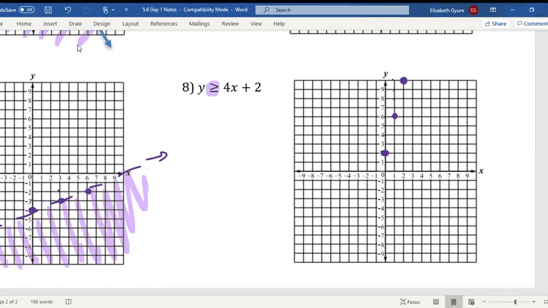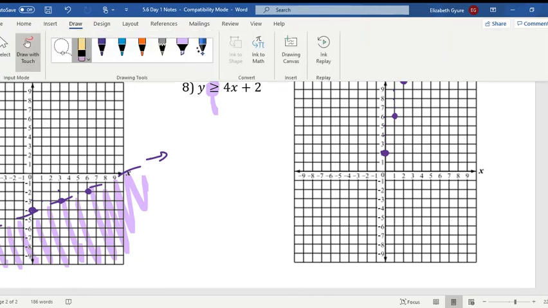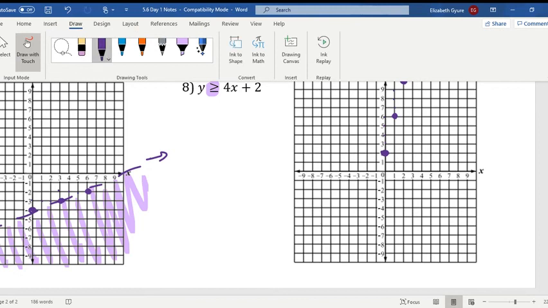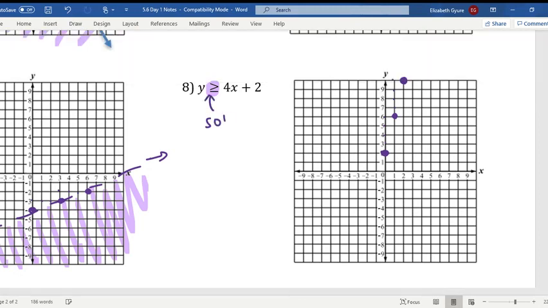And a little trick to remember it: isn't there a line underneath this symbol? There's a line underneath, so you use a regular line. So this is going to be solid.